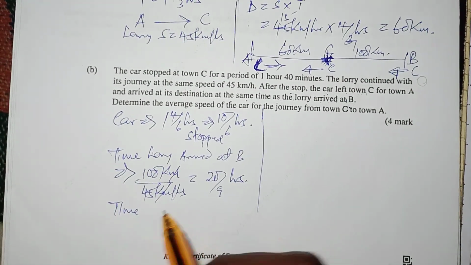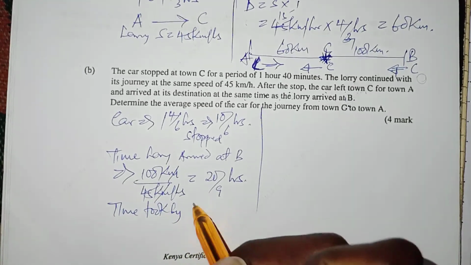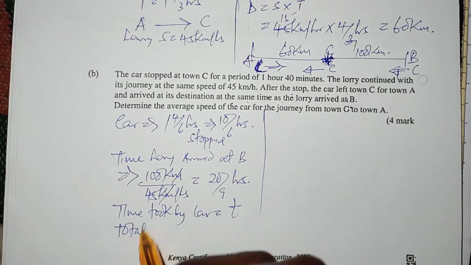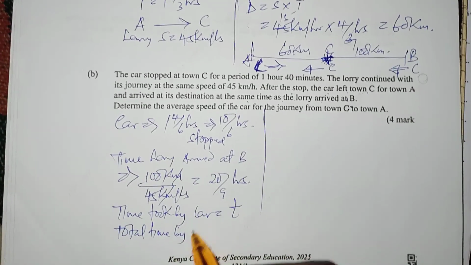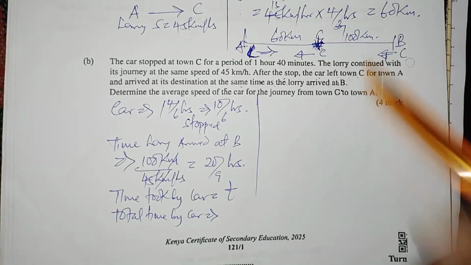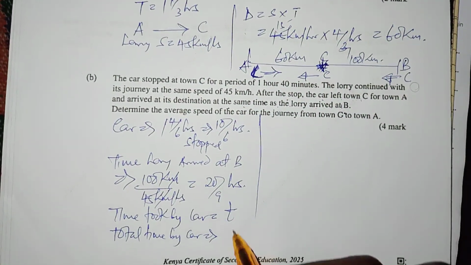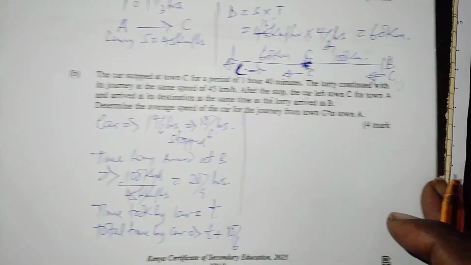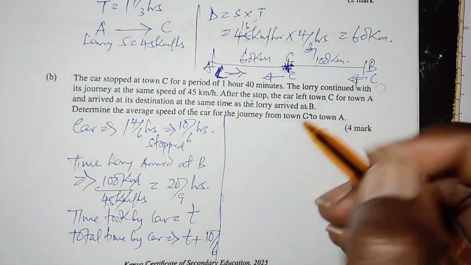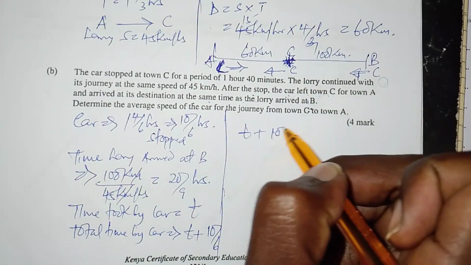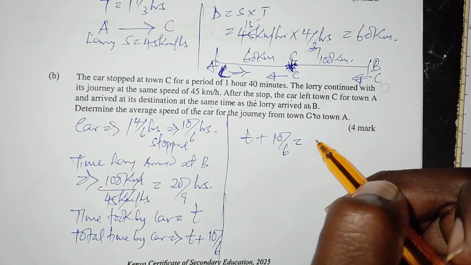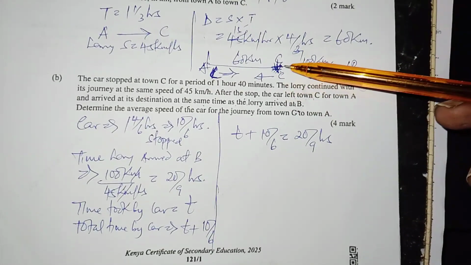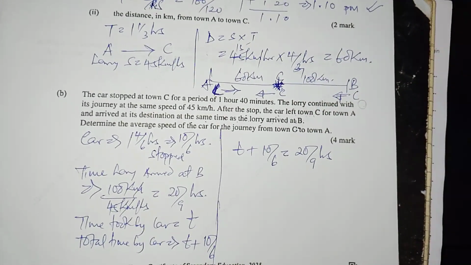So let the time taken by car be T. So total time by car to arrive at this other town, which is A, will be T plus the hours which it stopped, which is 10/6. Since they arrived at the same time, T plus 10/6 will be equal to 20/9 hours, which is the time that the lorry took from this point C to point B.